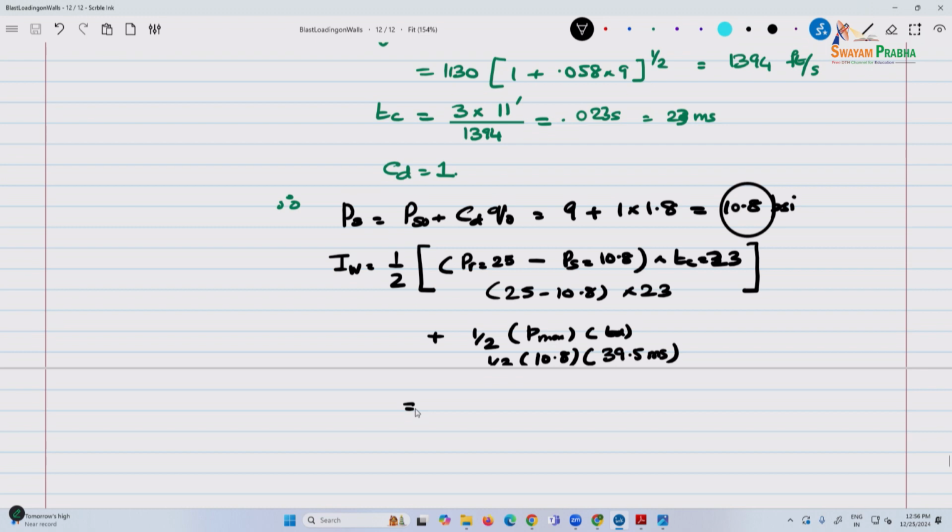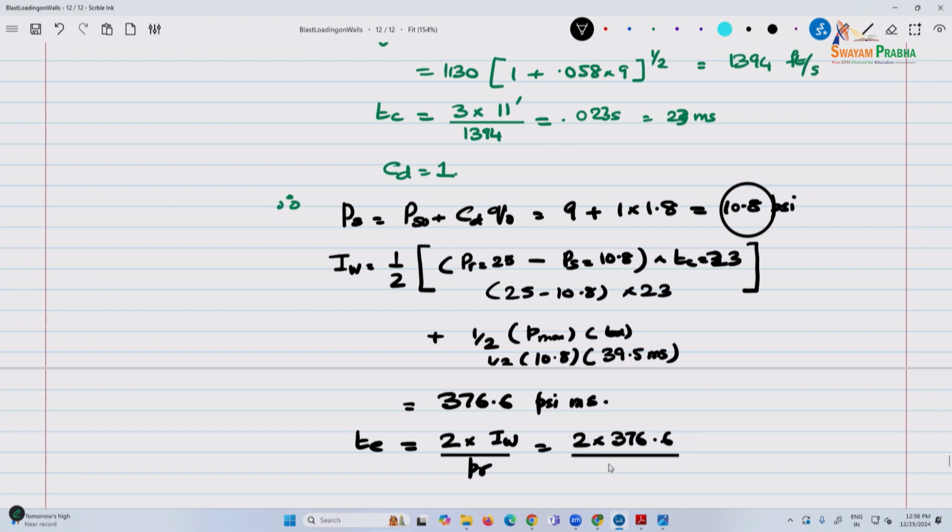How much? So the effective time is 2 times IW divided by PR. So 2 times 376.6 divided by PR is 25, 22.